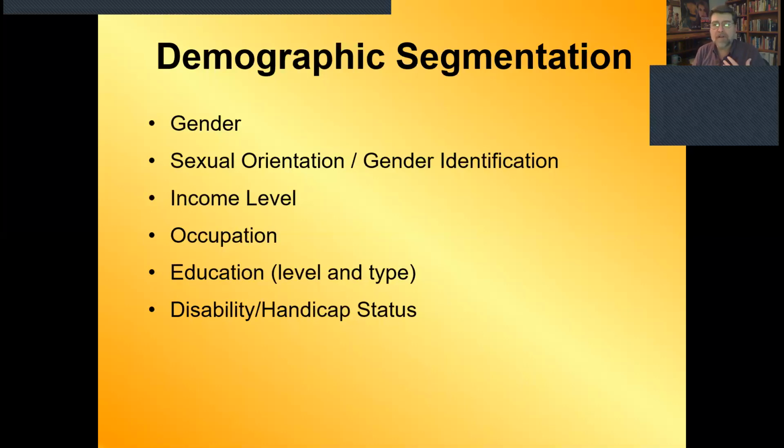I can probably identify your gender. I could identify roughly your approximate age. I might be able to guess at some other things, and I can easily ask you the rest. I can ask you what your religion is, and you can easily identify that. As opposed to behavioral or psychographic, these might be a little bit more difficult for people to self-identify.